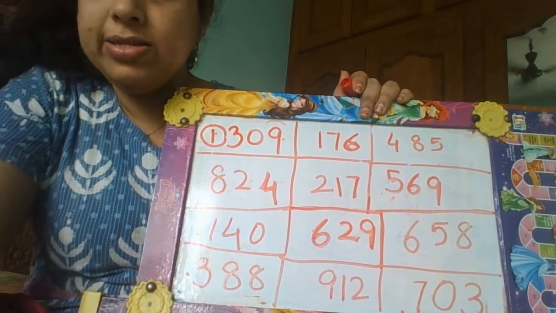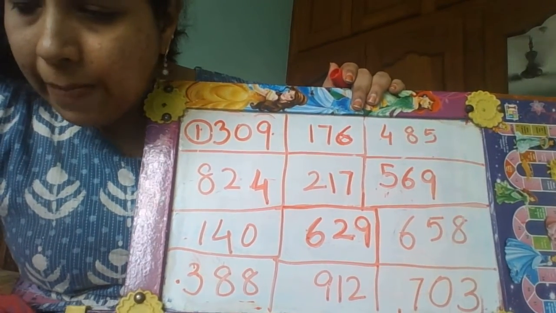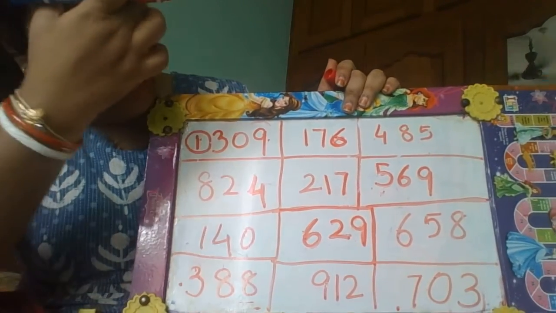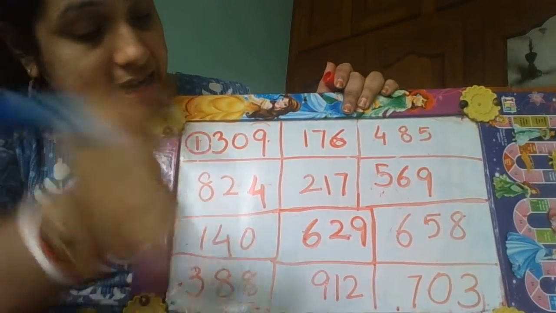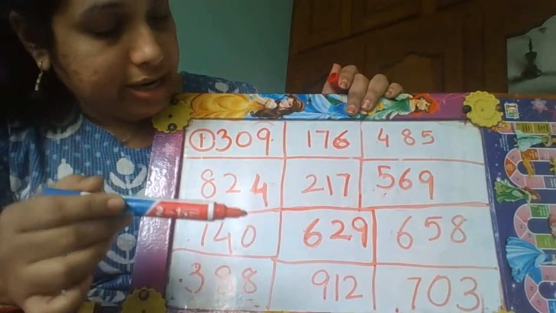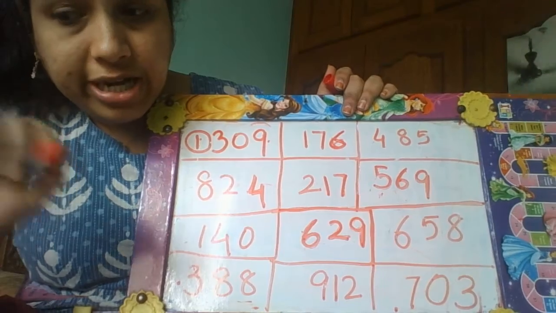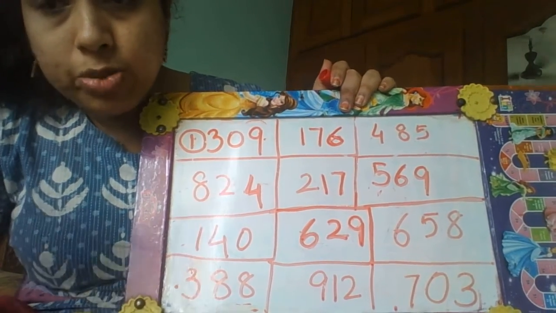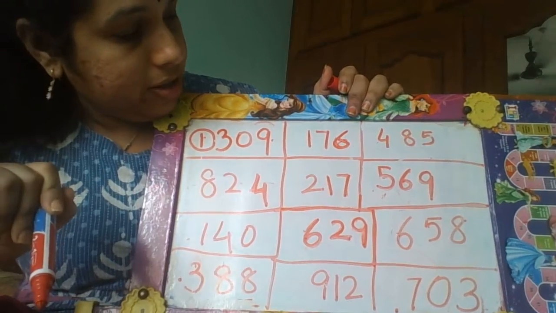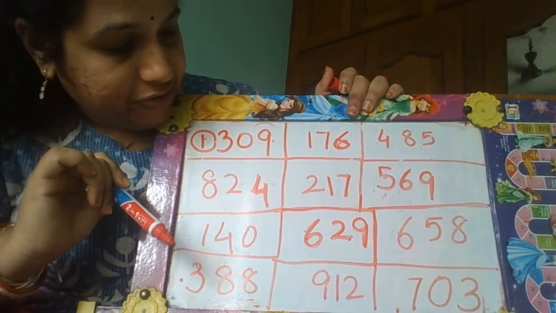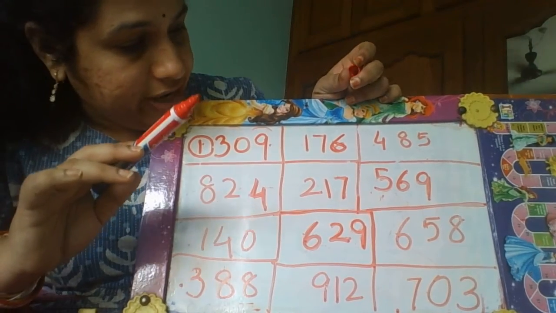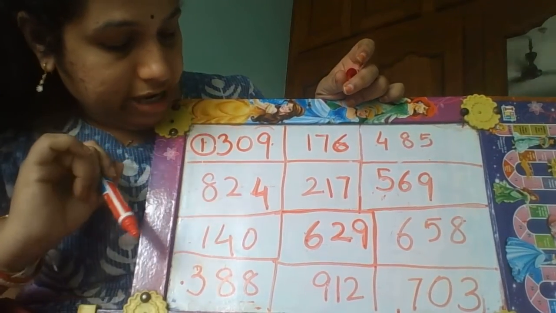309 is the first answer. Second question: a number smaller than 150. So again we have seen these are 900, 700, 600, 500, 400, 200. What is the question? A number smaller than 150. In the hundreds, how many numbers do we have?